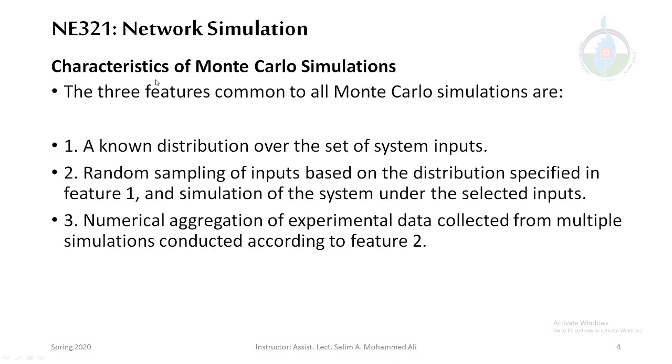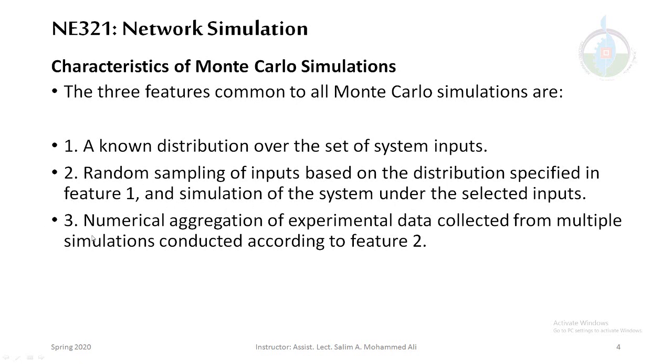There are three characteristics of Monte Carlo simulations. These are three features common to all Monte Carlo simulations. The first one: a known distribution over the set of system inputs. The second: random sampling of inputs based on this distribution, specified in feature 1, and simulation of the system under the selected inputs.